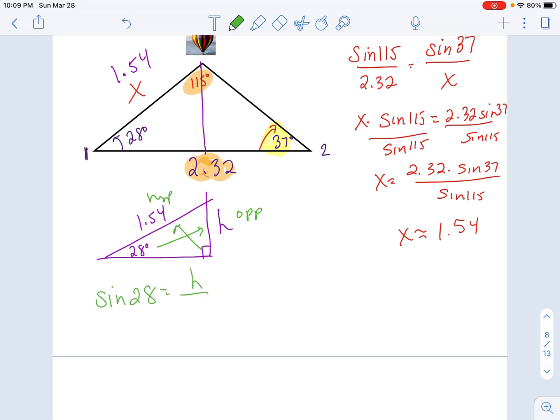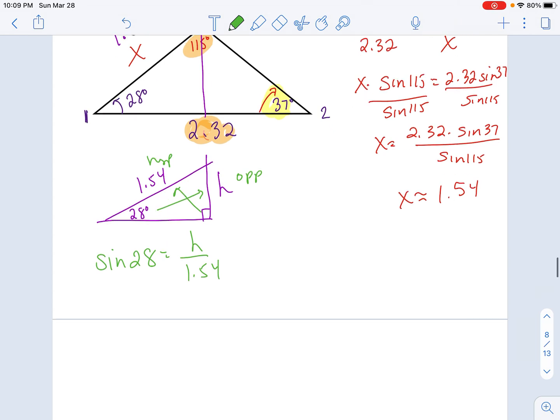So sine of 28 equals h over 1.54, opposite over hypotenuse. To solve that, I just multiply both sides by 1.54. So to find the height of the hot air balloon, I take 1.54, multiply by sine of 28, and I get 0.72 miles.